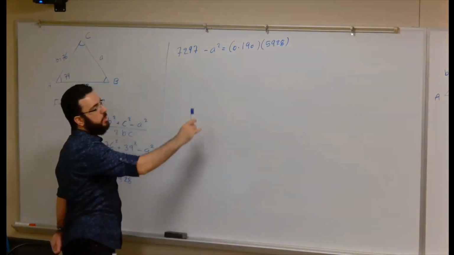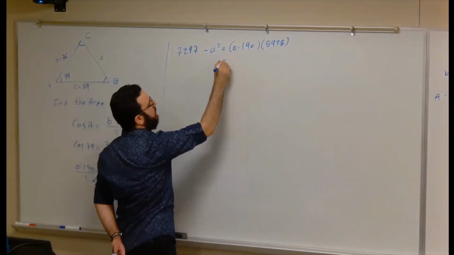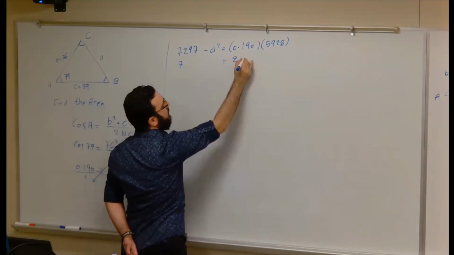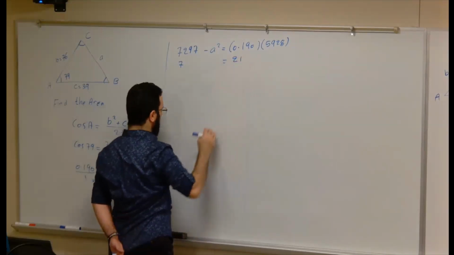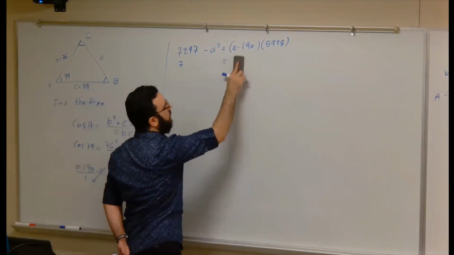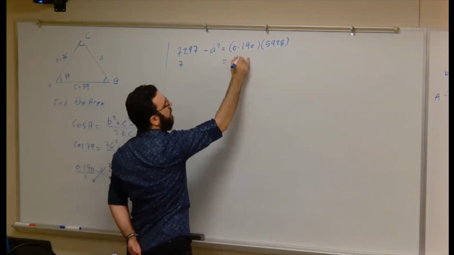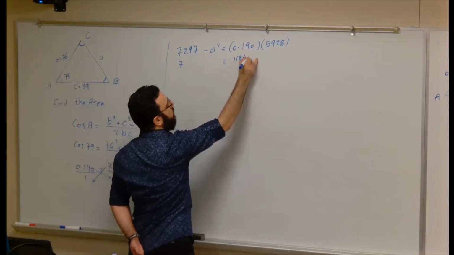Now multiply these two numbers. How much is going to be? About 1,126.32.